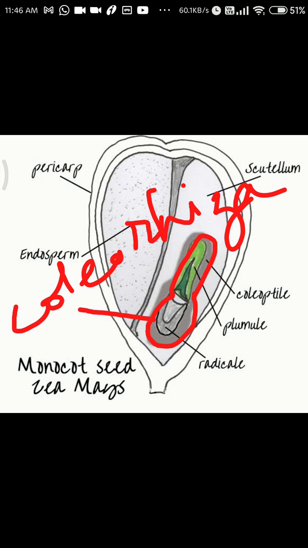Now let's start germination. So germination, what do you understand with this term? Because we already discussed this in fifth class. Yes, Ubaida.